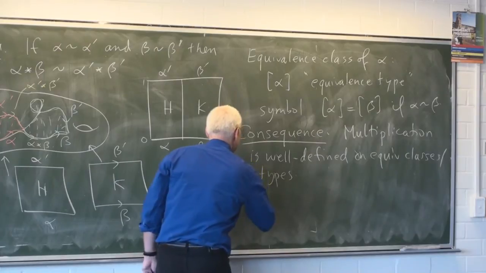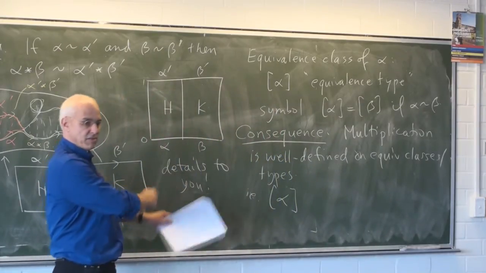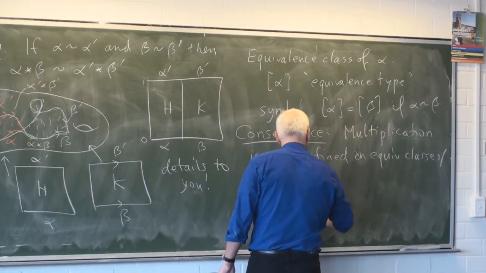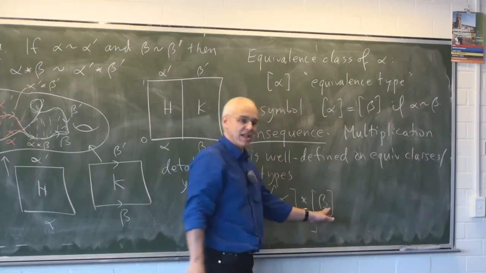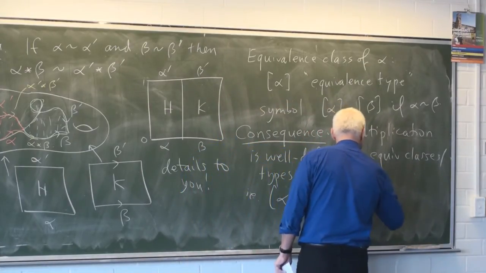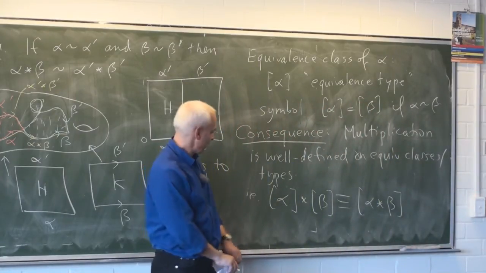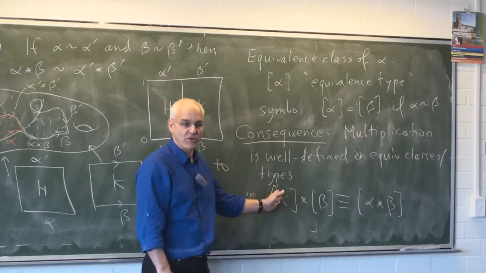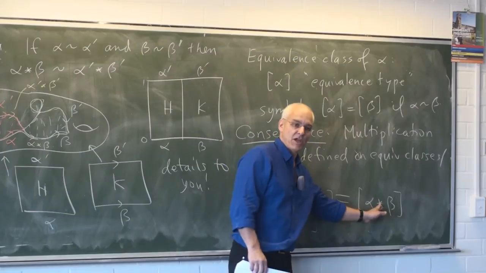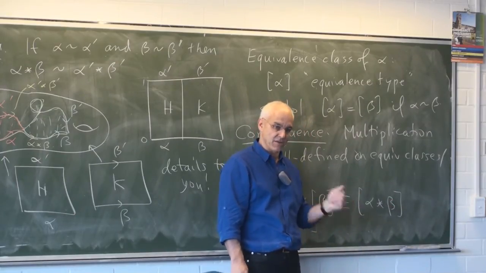In other words, we can say, all right, if we have a path alpha, and that's its equivalence type or equivalence class, then that times the equivalence class of beta is by definition the equivalence class of alpha times beta. And if you substitute alpha for something homotopic to it, and substitute beta with something that's homotopic to it, you're going to get something over here which is homotopic to this one. So still in the same class. So that means it's well defined on the classes.